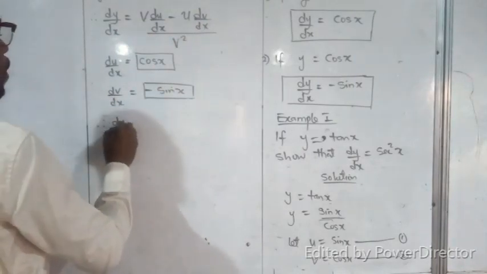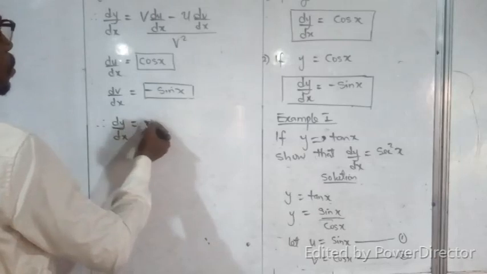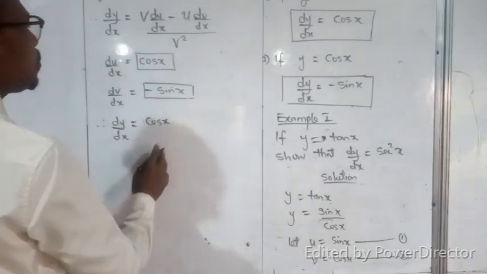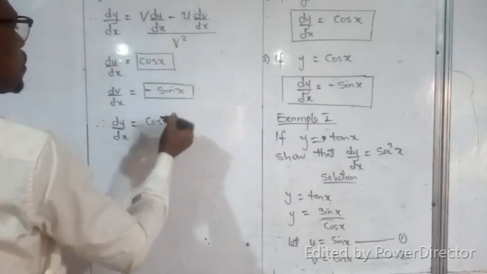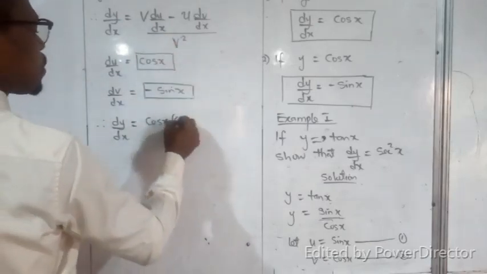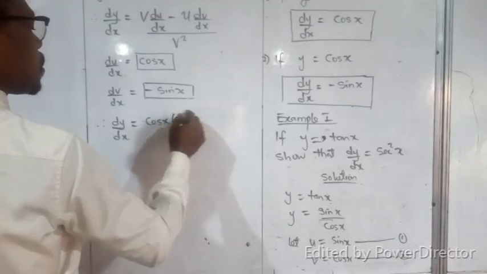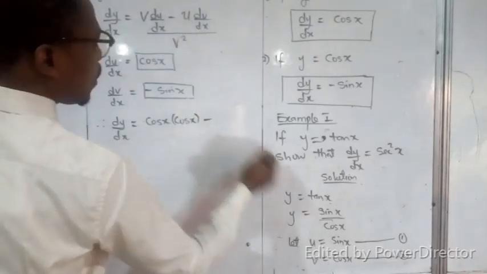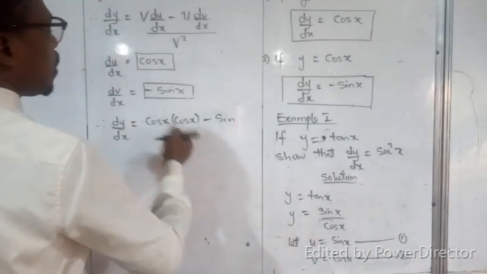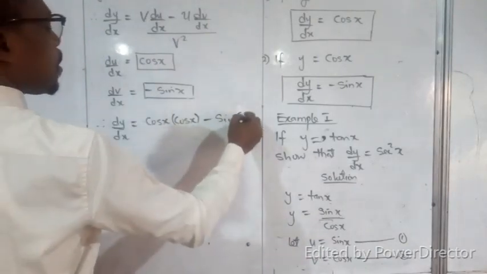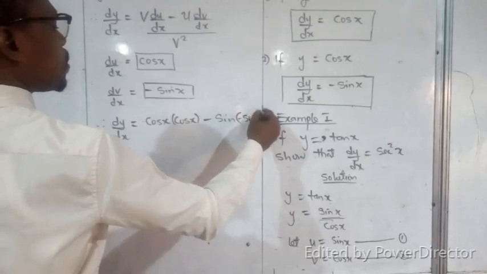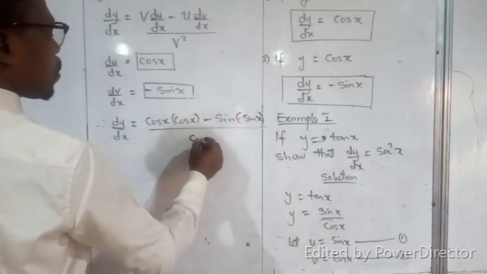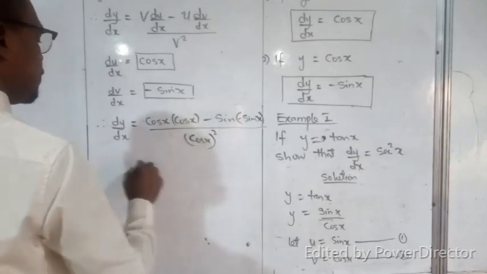Therefore, dy dx is equal to v is cos x, du dx is cos x, minus u is sine x, and dv dx is another minus sine x, all over cos x all squared.